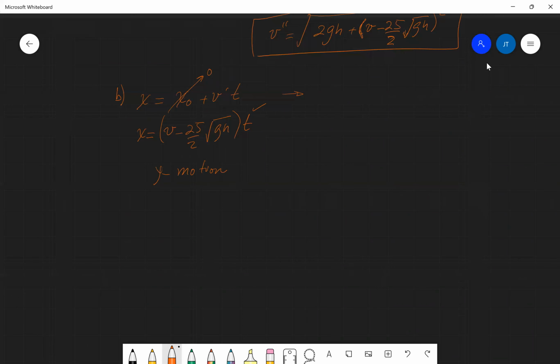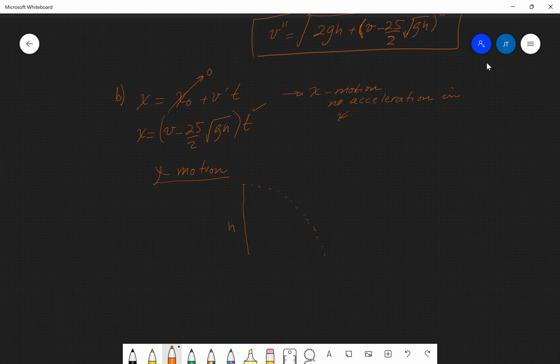This is x motion, no acceleration in x. Y motion, let's draw it. It's always good to have a little drawing. So here's, so as the bullet goes this way, it's dropping.